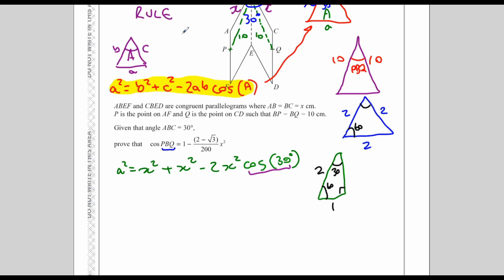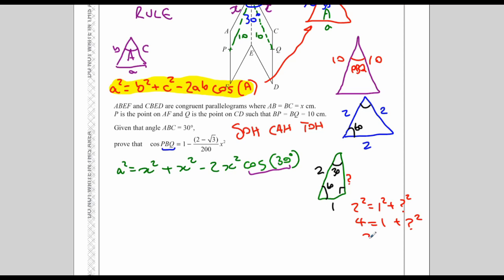Now remember SOHCAHTOA, cos is adjacent over hypotenuse. Now this length we don't know yet, but if we use Pythagoras, that means that 2 squared equals 1 squared plus whatever that is squared. 2 squared is 4, 1 squared is 1.